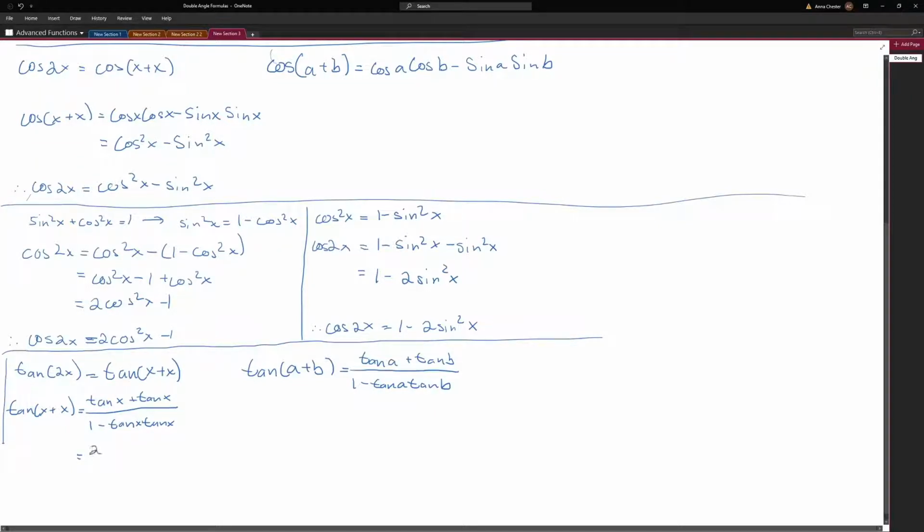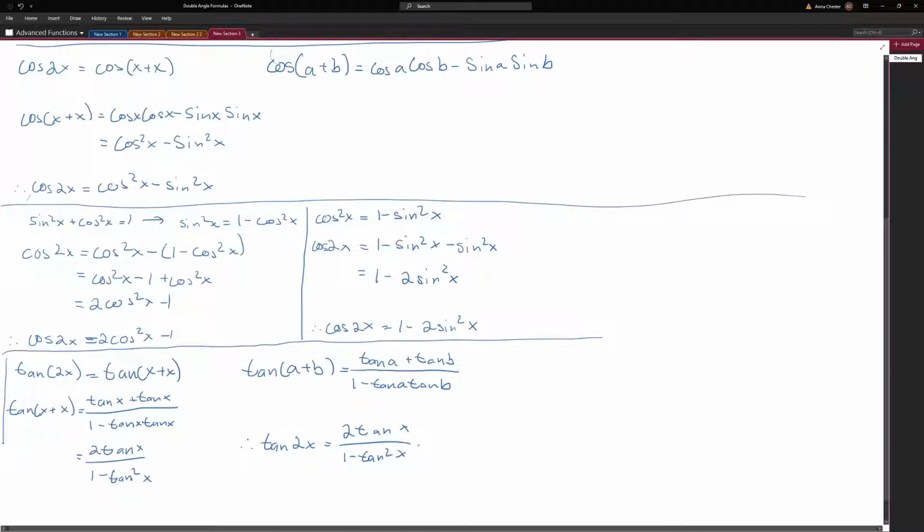And what do we get? We get 2 tan x over 1 minus tan squared x. Therefore, tan of 2x is equal to 2 tan x over 1 minus tan squared x.